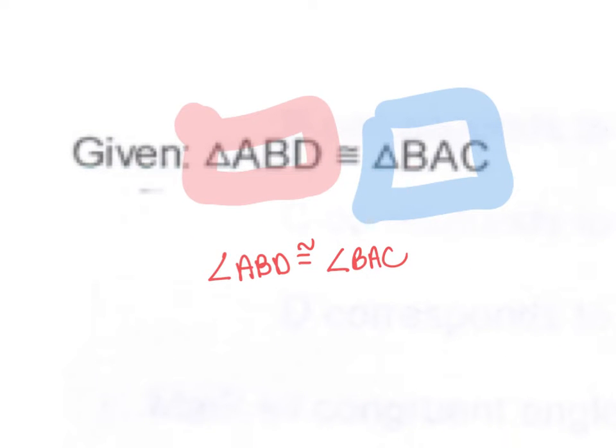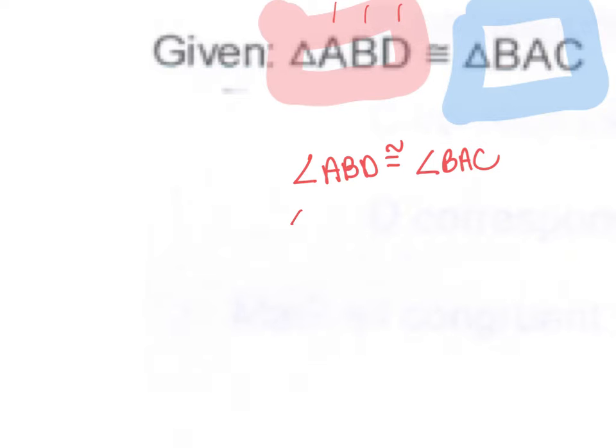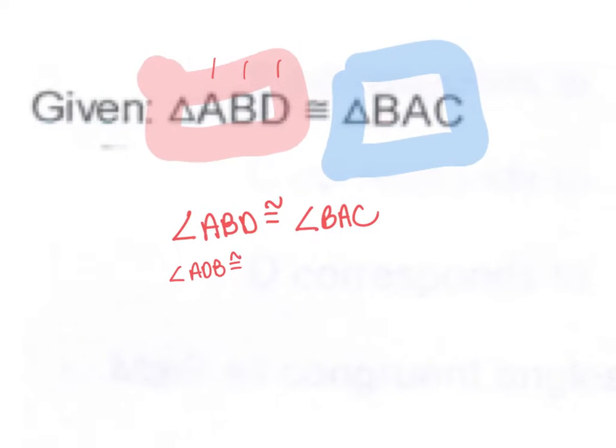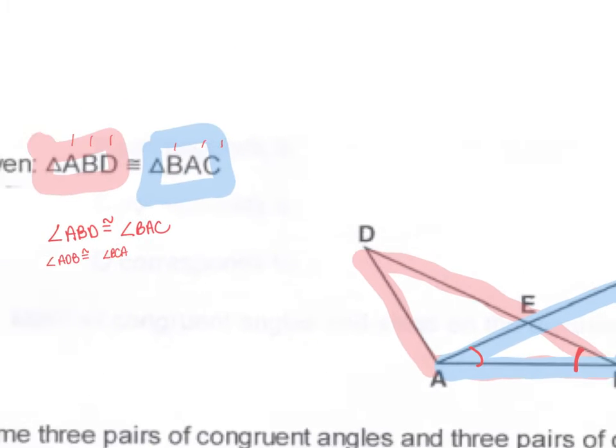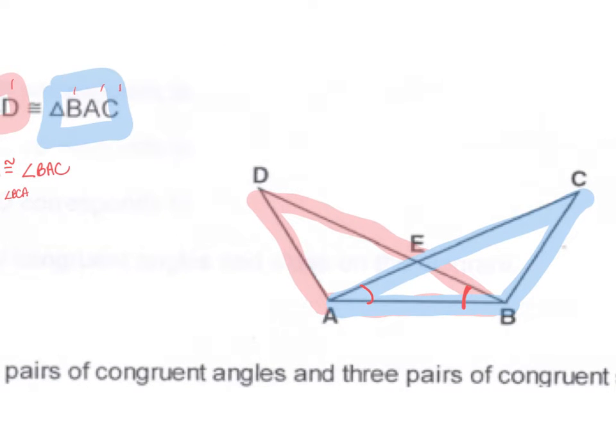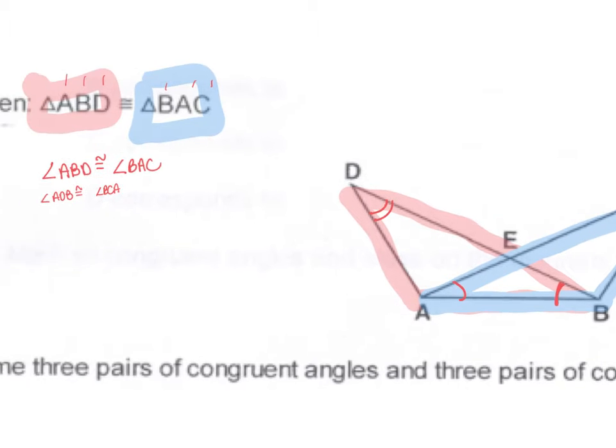Now, I can say angle ADB congruent to angle BCA. So I'm going to mark that now. So angle ADB congruent to angle BCA. Two semicircles. Two semicircles.